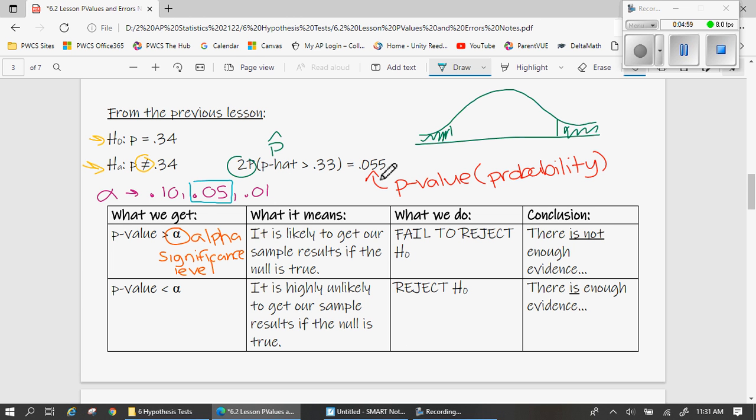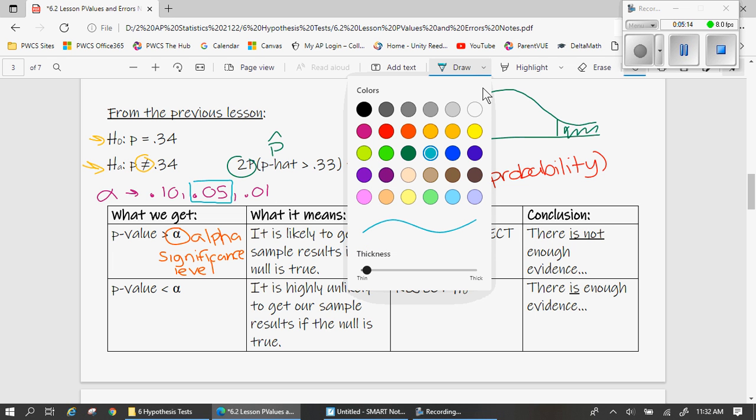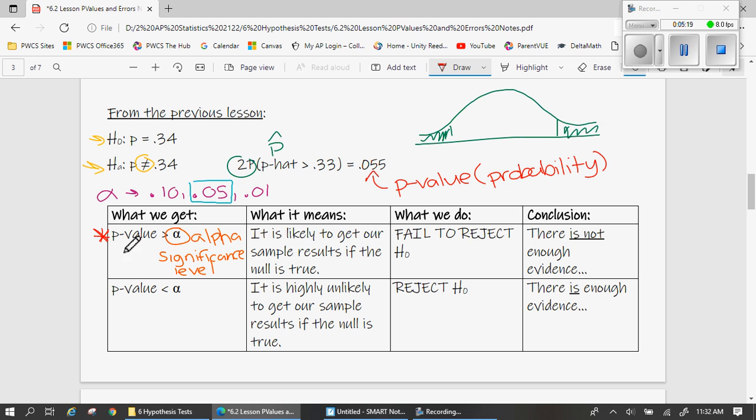So let's compare 0.05 to 0.055. I like to put the p-value on the left always and see if it's bigger than the alpha or smaller than the alpha. Well, in this case, 0.055 is bigger than 0.05. Not too much bigger, but bigger nonetheless. And so in this case, it's likely to get our sample results if the null is true.